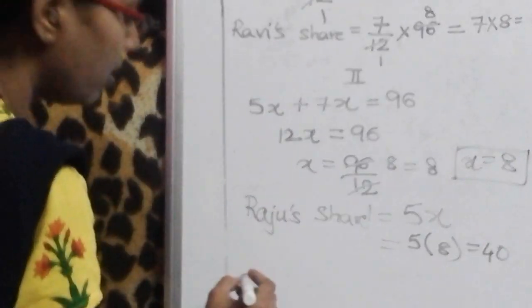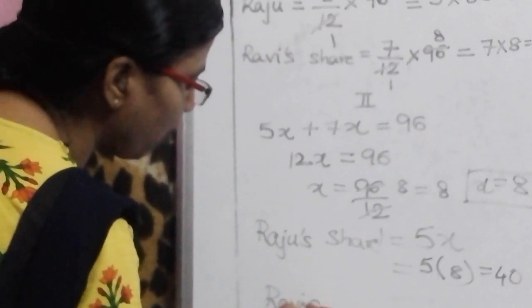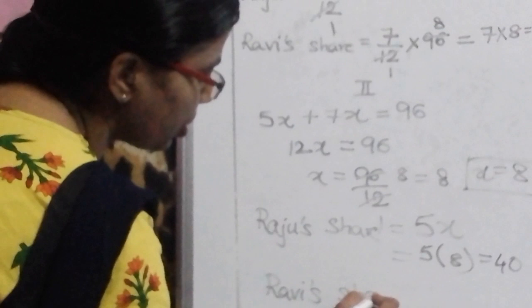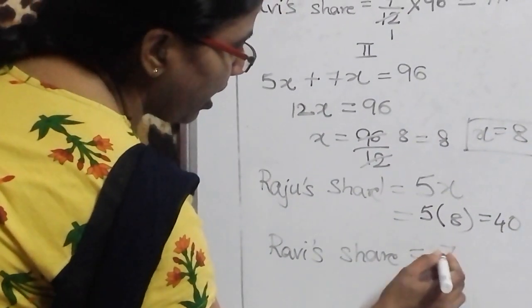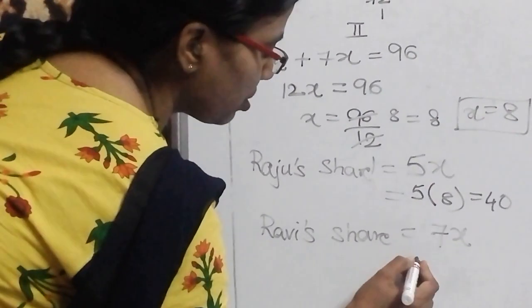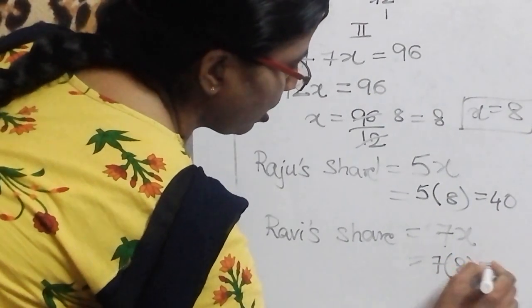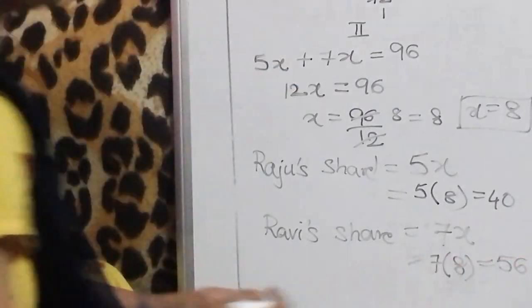So Raju got 40, and Ravi's share we are going to find out. Ravi's share is equal to, you know that it is 7x. So this is equal to 7 into 8. 7 eights are 56 chocolates.